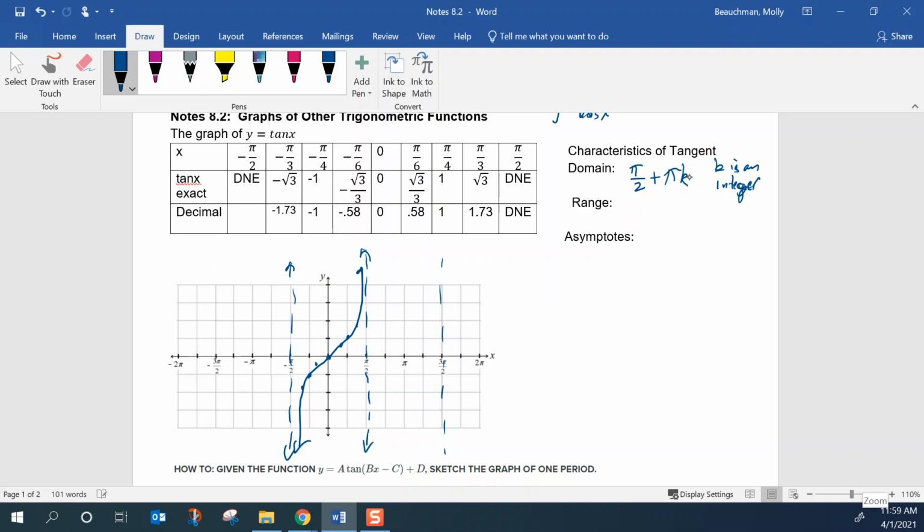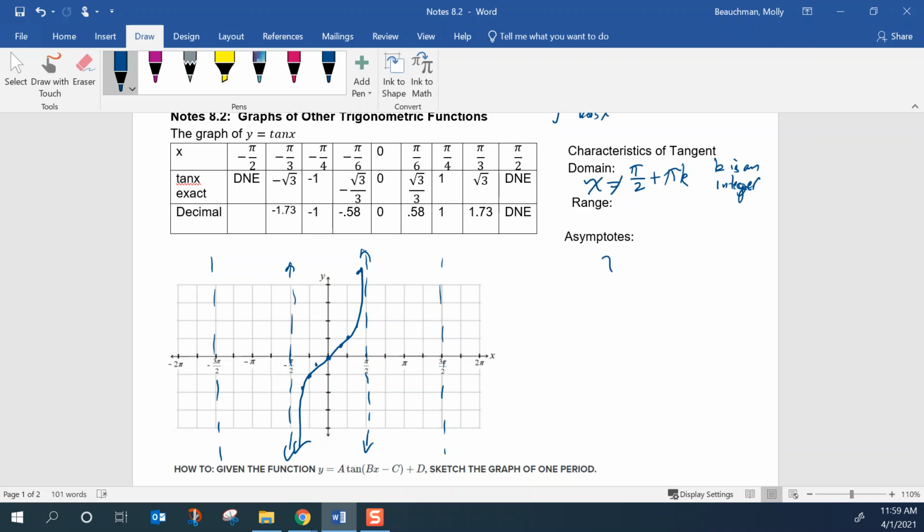So at pi over 2, if you add any multiple of pi, you get another vertical asymptote. So that means you could also subtract pi. So those are all the places where we'd have a vertical asymptote, and those are also all the places where the domain is undefined. So it's all real numbers except those values.